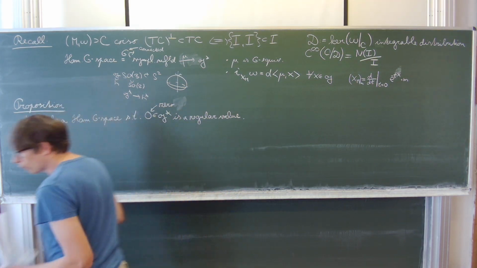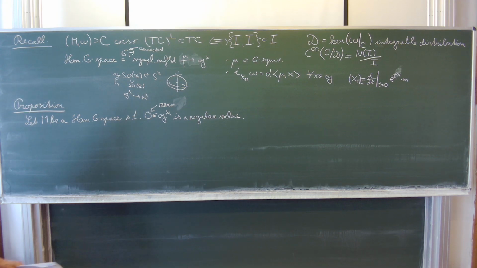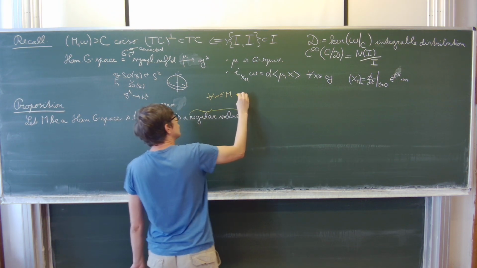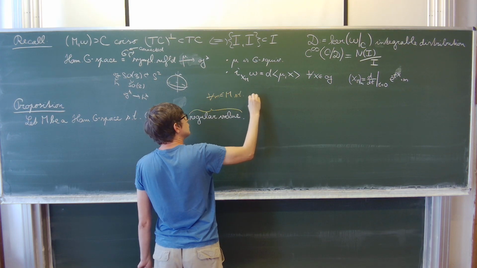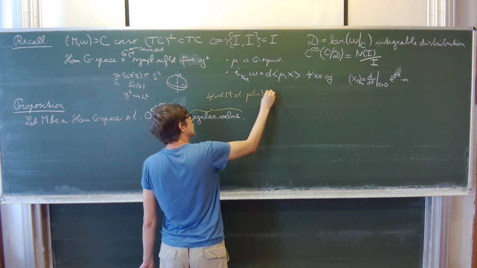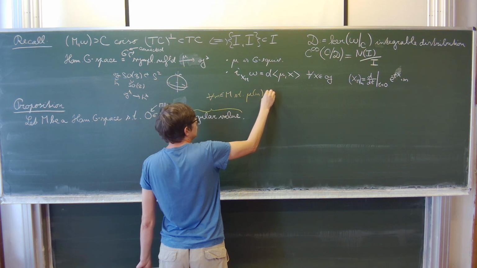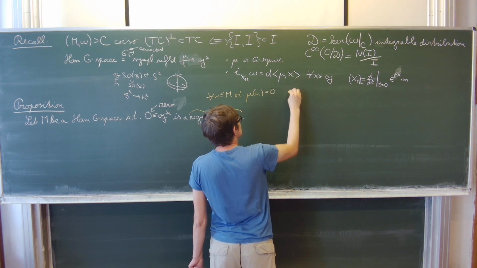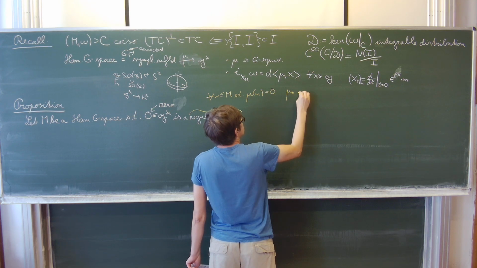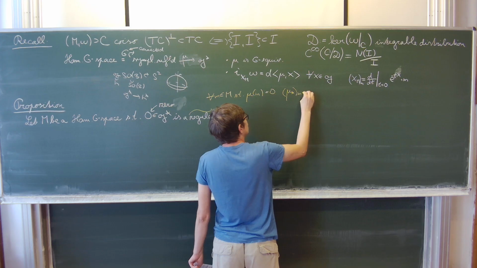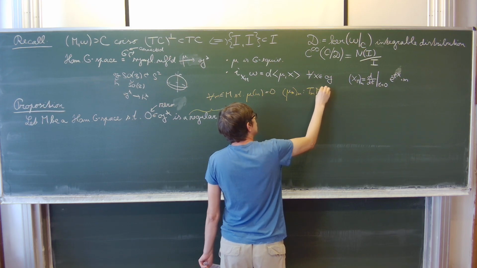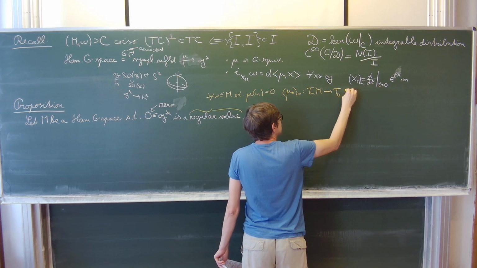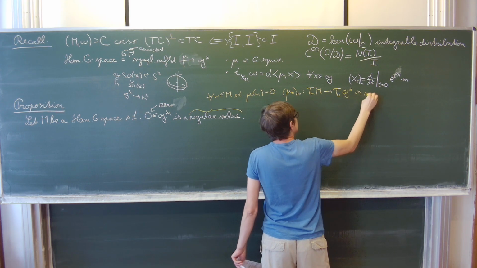Let's say what regular value means. Regular value means that for all points in M which are in the preimage of 0, the pushforward map of mu, which goes from the tangent space of M to the tangent space at 0 of g star, is surjective.